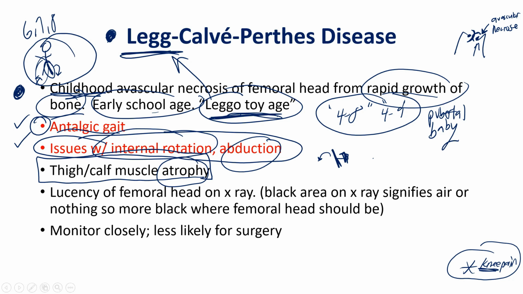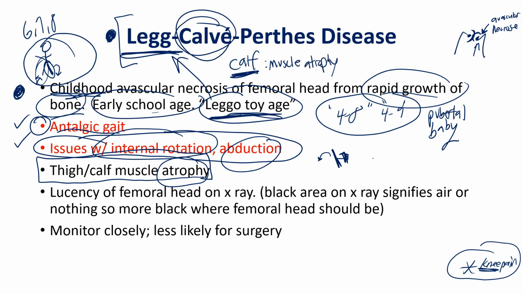So the way to remember this is, let's go back up to the title. I love mnemonics. Legg-Calvé-Perthes disease. Look here, Calvé, or however you pronounce that, it looks a lot like calf, and that helps me to remember, oh yeah, this is the one dealing with muscle atrophy predominantly. Now I'm not saying this is a concrete rule, like you can't have any muscle atrophy in the other one, the slipped capital femoral epiphysis.